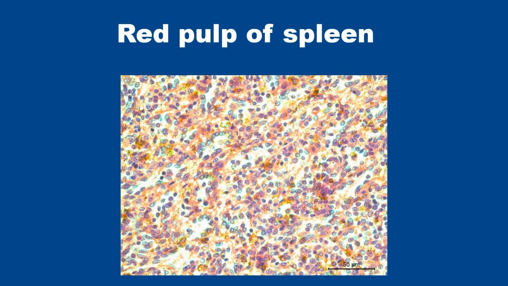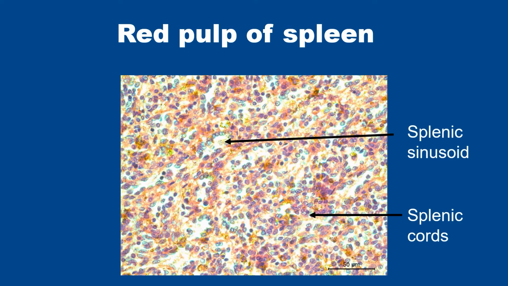This is the red pulp, which contains Billroth cords or splenic cord, which is formed by the reticular fibers, and the lymphocytes are there in between. Between the cords are the splenic sinusoids, which contain mainly RBC.